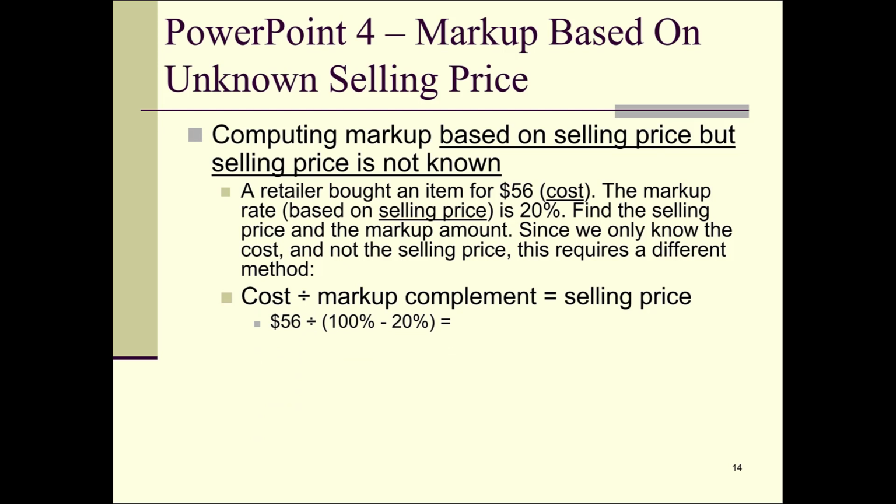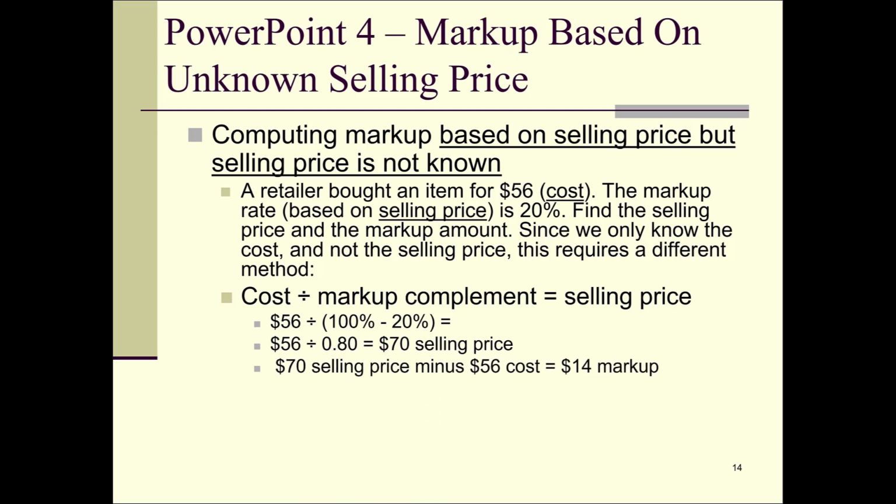So the complement of 20% is 80%. So we're going to take 56 divided by 0.8, and that gives us a $70 selling price. So if you're going to sell something for $70 and it costs you 56 bucks, it must be a $14 markup.